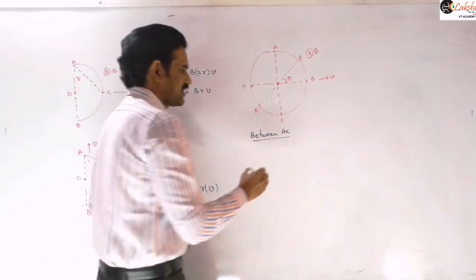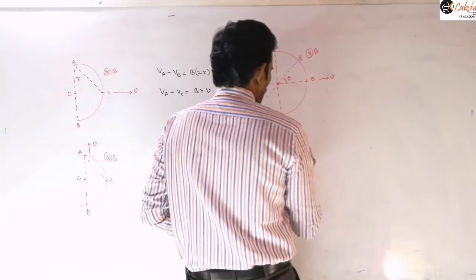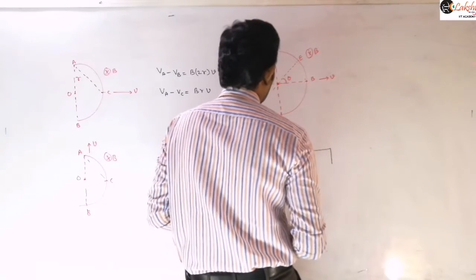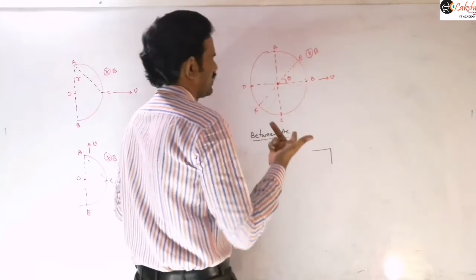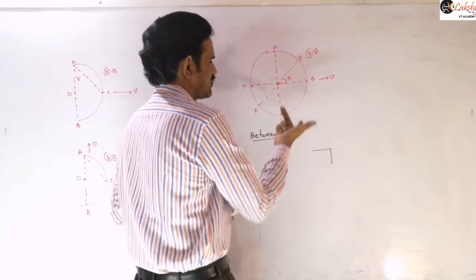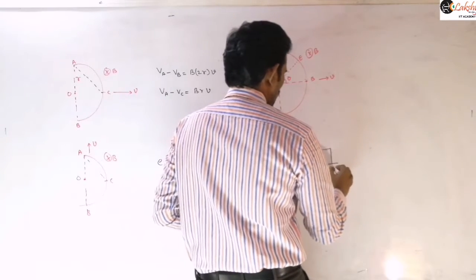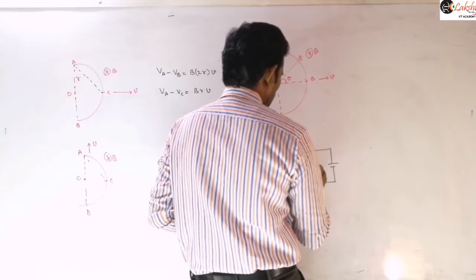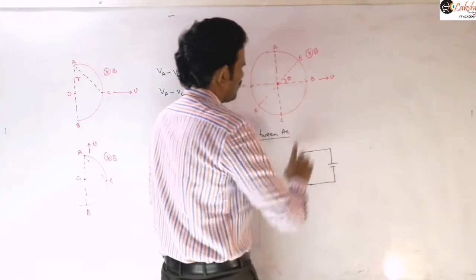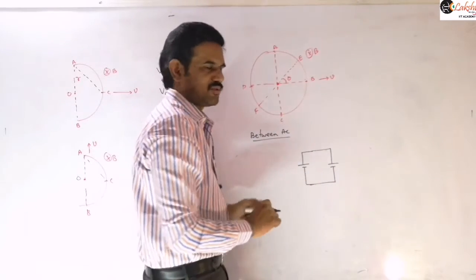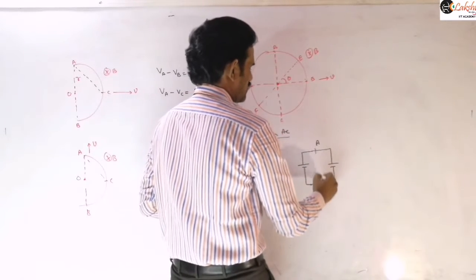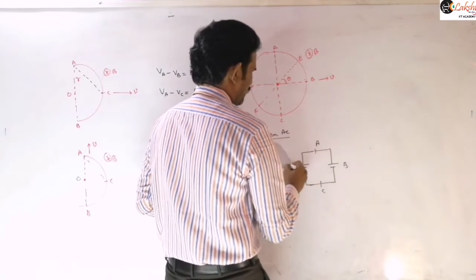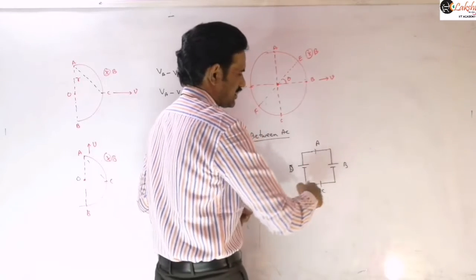So between A and C, I will represent this diagram like this. Which is higher potential here? The field is into the plane, it is moving like this, so A is higher potential. Then this side also we can represent this EMF like this. This is ABC and this is ADC.